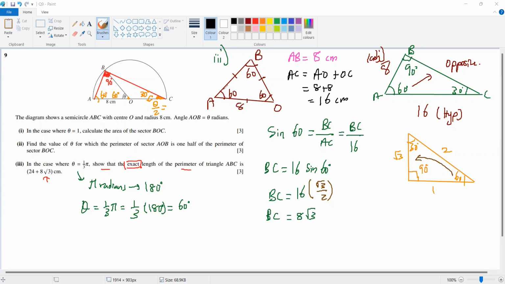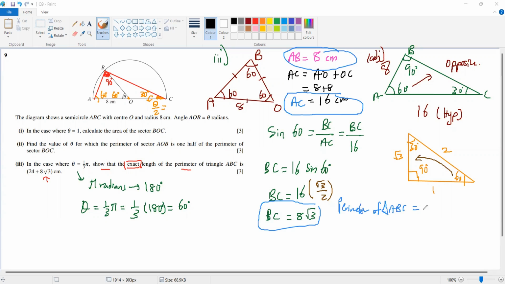Okay, now we have the three values. Let's add them up. I'm just going to circle them and add them up for the final calculation. This is AC, and we have BC. So finally, we calculate the perimeter of triangle ABC, all straight lines: AB plus AC plus BC.